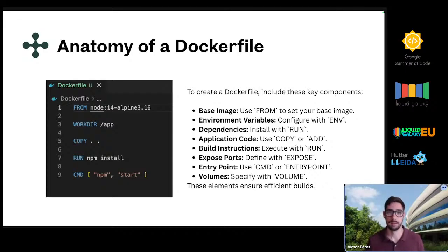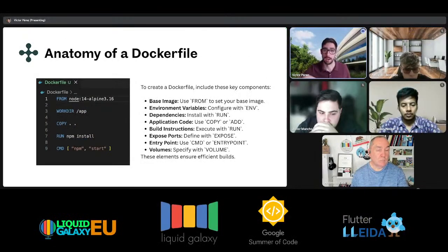And then COPY means from the folder the Docker file is in. You have to have the Docker file in a certain folder. Copy everything into this particular directory, /app inside the container, which means put my code inside the container.